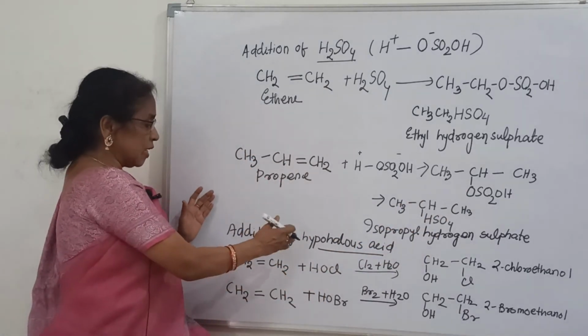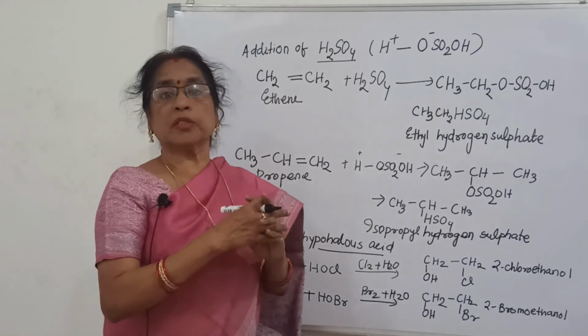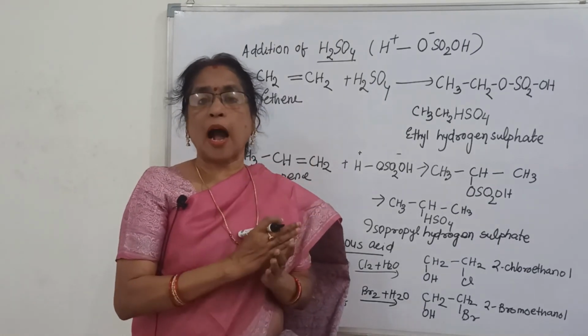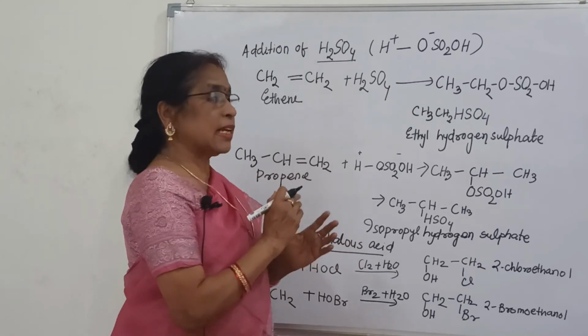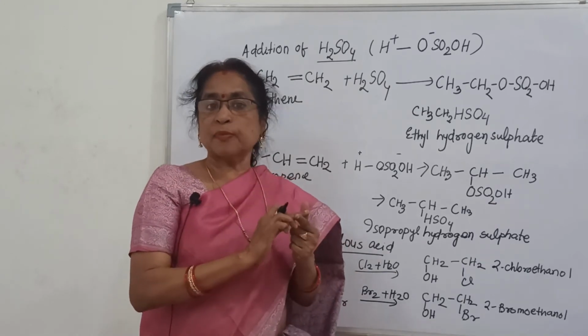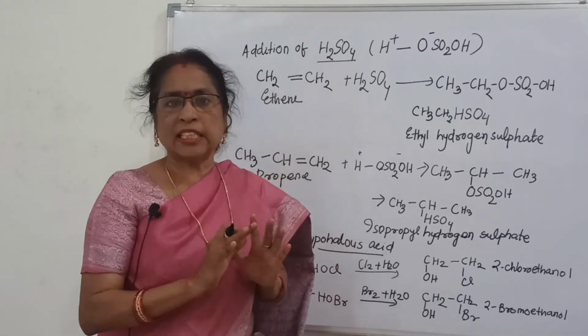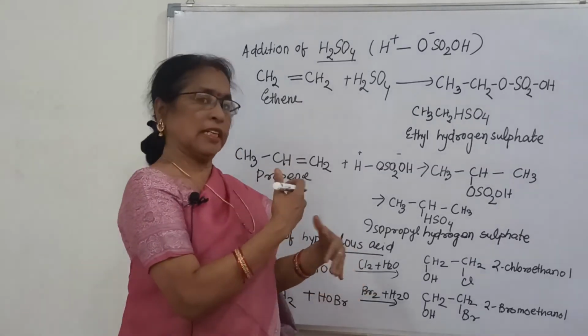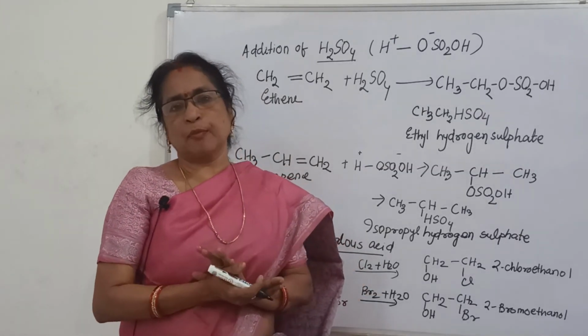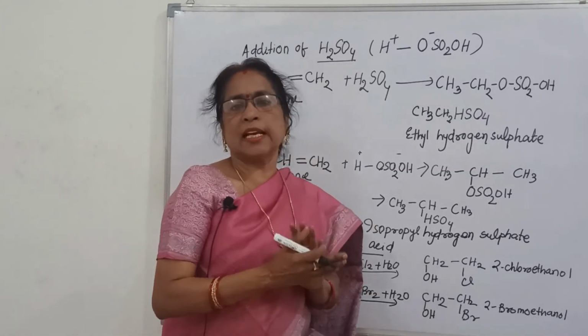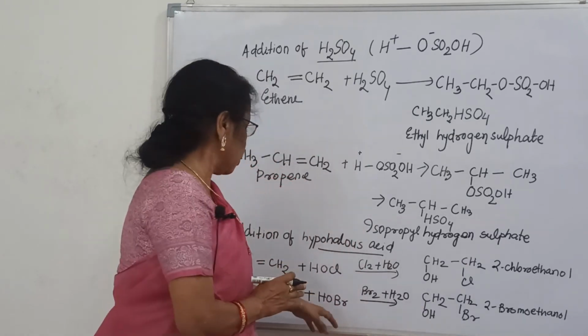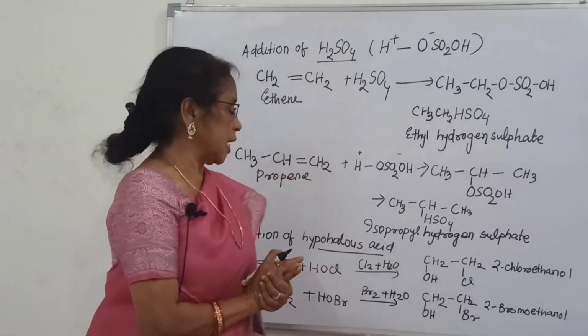Then we come to addition of hypohalous acid. What is the formula of hypohalous acid? That is HOX, where X means chlorine, bromine or iodine, but here we only react chlorine and bromine. That means HOCl, hypochlorous acid, and HOBr, hypobromous acid.